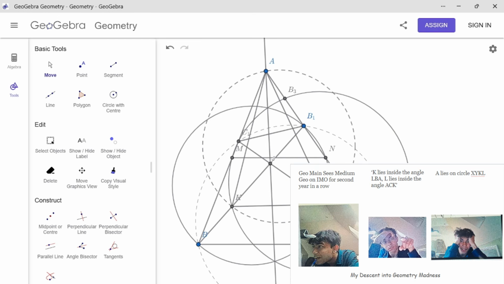B1C is twice B1B2, so we need B1B3 to be half B1A. So B3. Okay, so many midpoints.